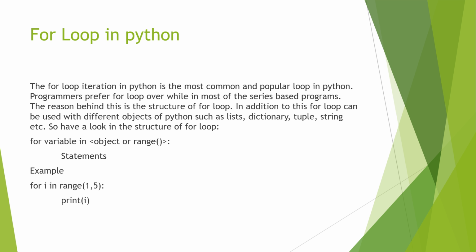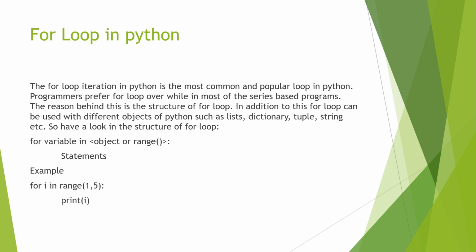Now the next iterator is a for loop. For loop is also something like a while loop, but here the statement used is for I in range 1, 5. So starting from 1 till 5. This also will do the same job that the while loop did in the previous slide. It will also print from 1 to 5.